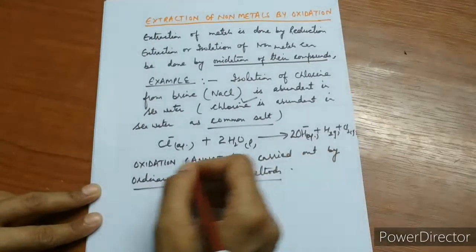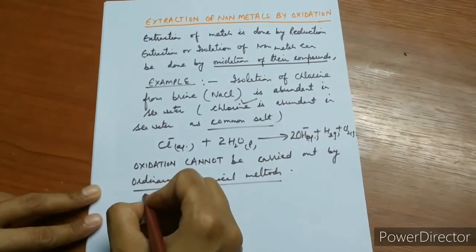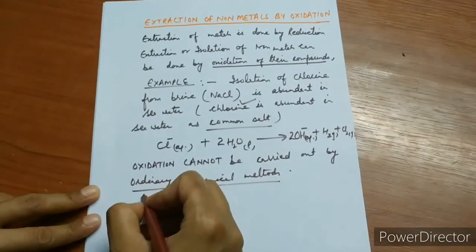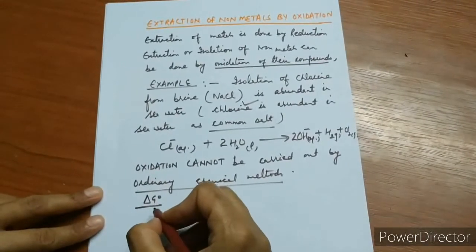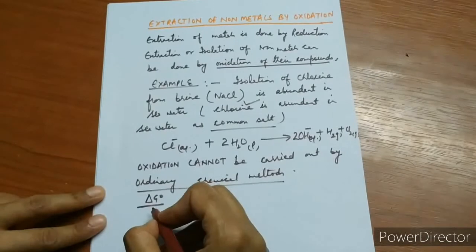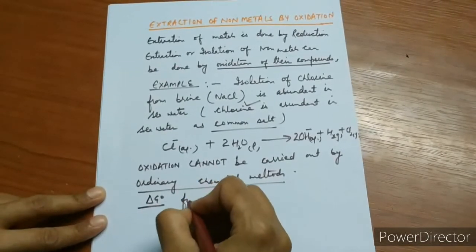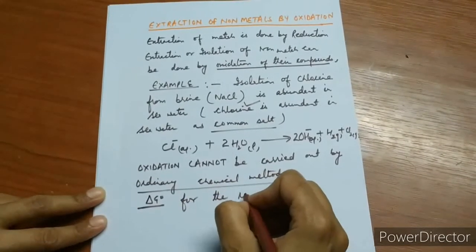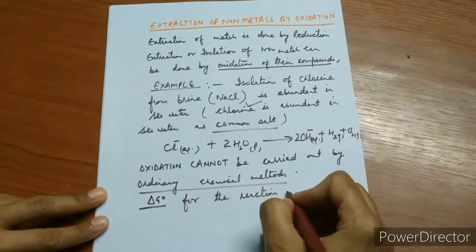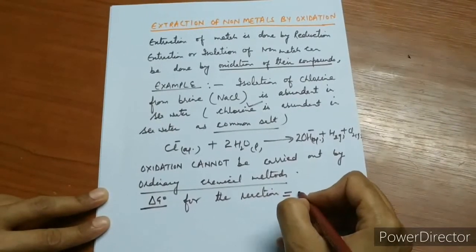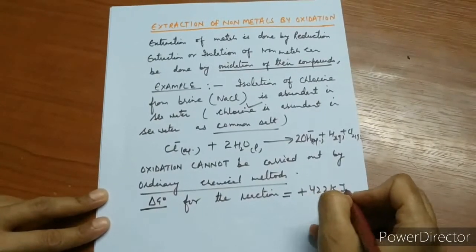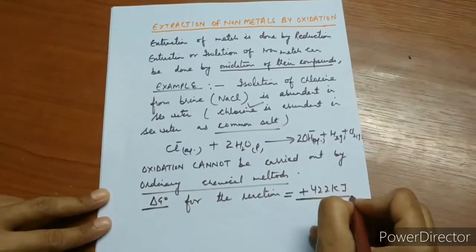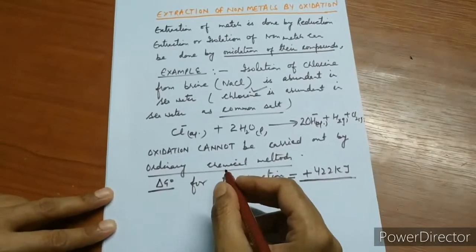So therefore the delta G naught. What is delta G naught? Change in Gibbs energy, standard Gibbs energy for the reaction. The reaction which is written above has delta G naught equal to plus 422 kilojoule. This is the value for delta G naught for the above reaction.